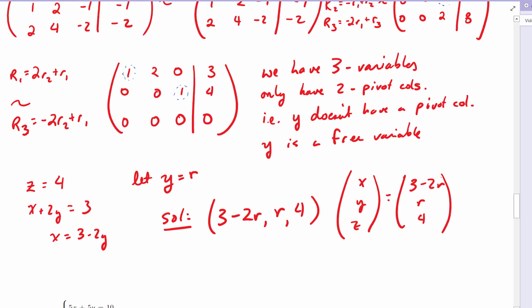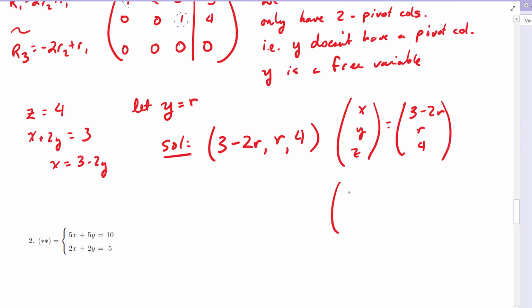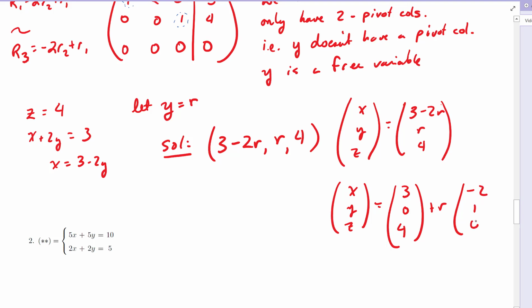And now what I'm going to do is break this vector into a sum of vectors. I'm going to write it as the vector 3, 0, 4, notice that I've got all the coefficients that don't have r's in them, plus r times negative 2, 1, 0.